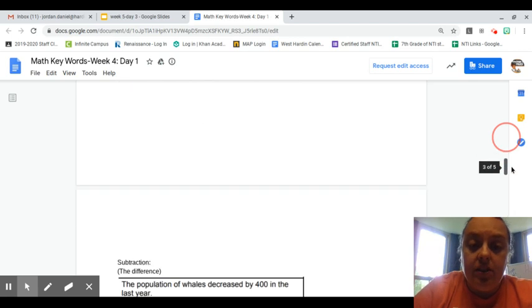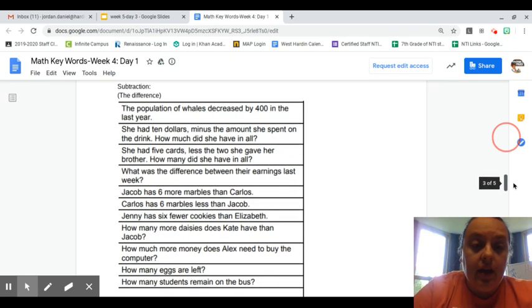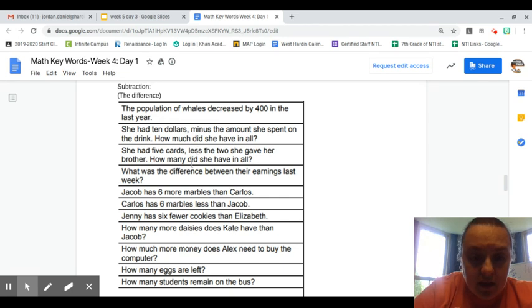After addition, if you keep scrolling, is subtraction. Here it has decreased, minus, less, difference, less than.